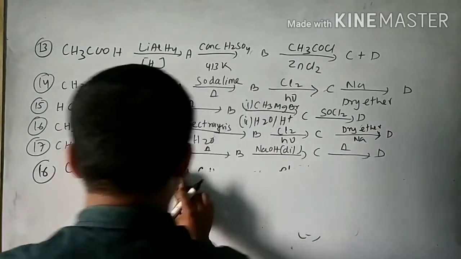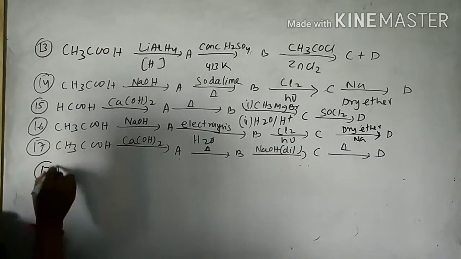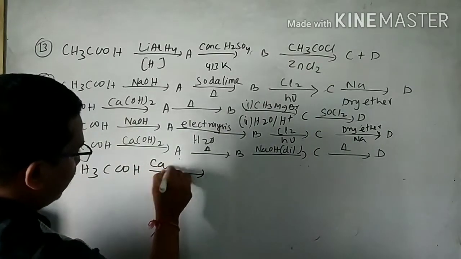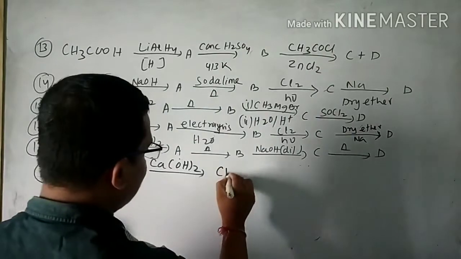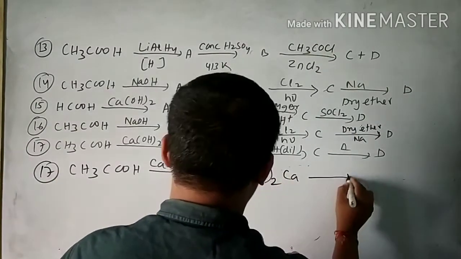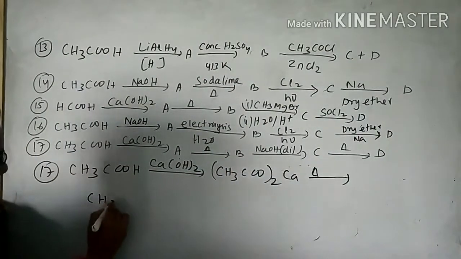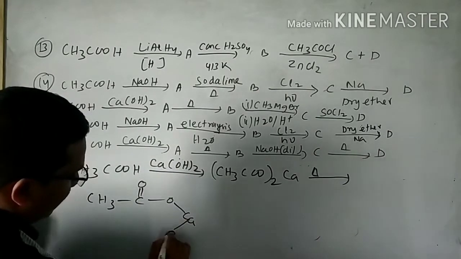Now I will do question number 17. CH3COOH is subjected to reaction with calcium hydroxide, then calcium acetate is formed, (CH3COO) twice Ca, and this is subjected to dry distillation, that is heating. The structure of calcium acetate is like this.